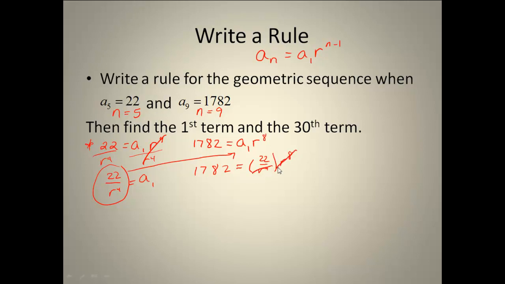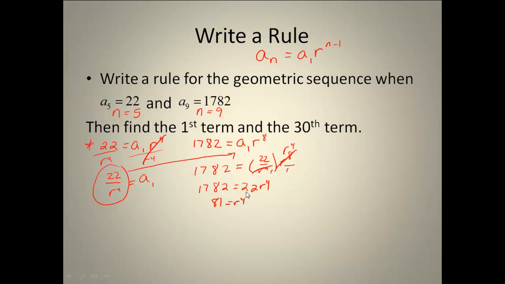So my rules for exponents here tells me that when I have the same base and division, I subtract my exponents, so I'm really left with r to the 4th on top and just the 1 on the bottom. So I have 1782 is equal to 22r to the 4th. Now when I divide both sides by the 22 in order to get rid of it, I'm left with 81 is equal to r to the 4th.